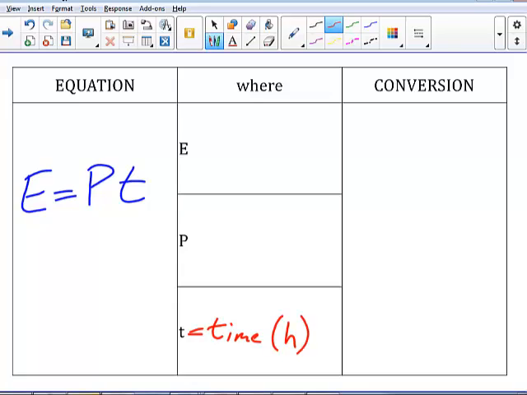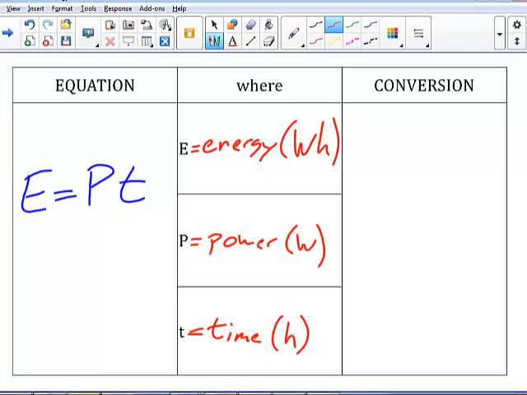And as we learned previously, P is for power, and we measure that in watts. So we're looking at the power used and for how long. So E is energy, and we measure that in watt hours.